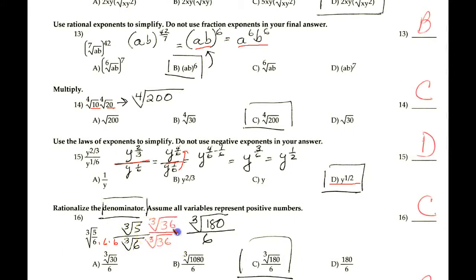So this is my 1 that I will multiply the numerator and denominator by. Here, this just becomes 6 to the third. That will simplify to 6. And we go 5 times 36 is 180. And don't forget the index number 3. And they have it right there for us.